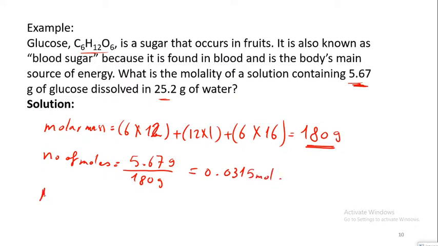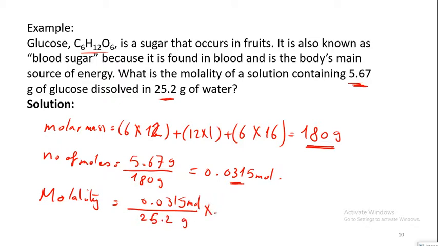So I can calculate my molality, which is equal to the number of moles of my solute, 0.0315 moles, divided by the grams of my solvent, 25.2 grams, multiplied by 1 kilogram divided by 1000 grams.